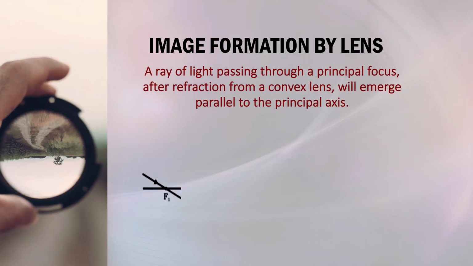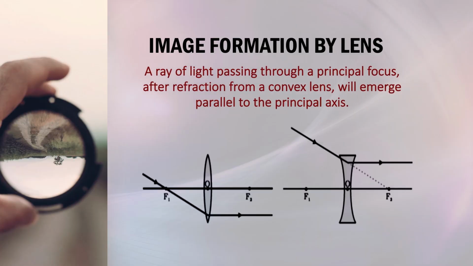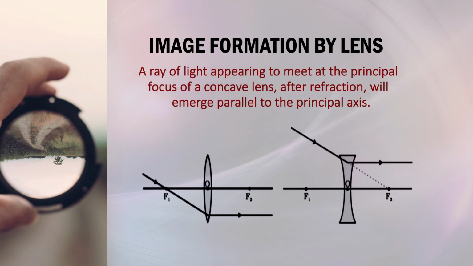Similarly, in a convex lens, if a ray of light is passing through the focus, after refraction it will be parallel to the principal axis. In the case of a concave lens, a ray of light which is appearing to meet at the focus will be parallel to the principal axis after refraction.